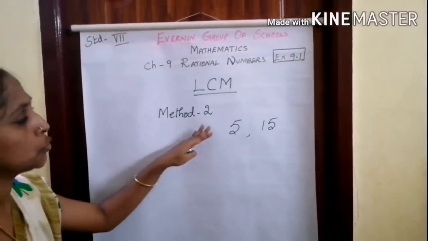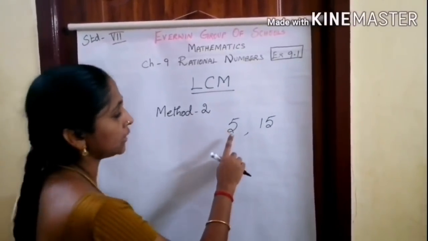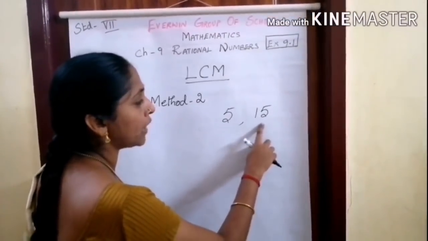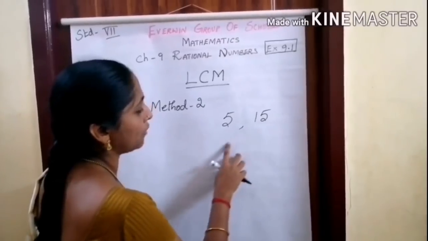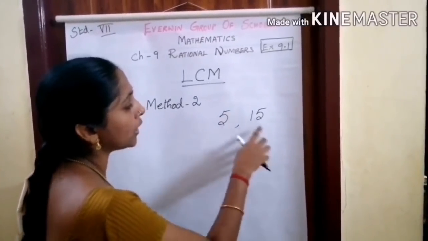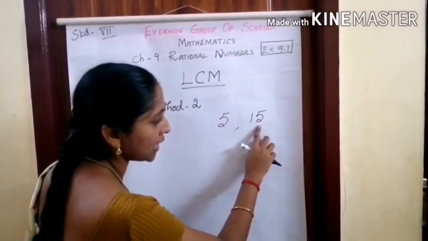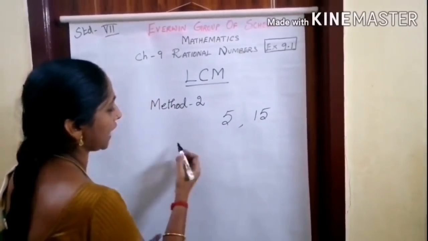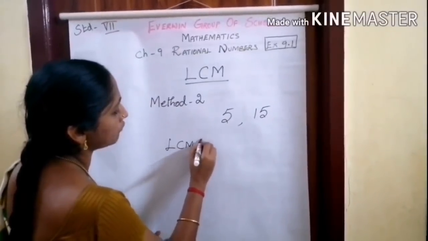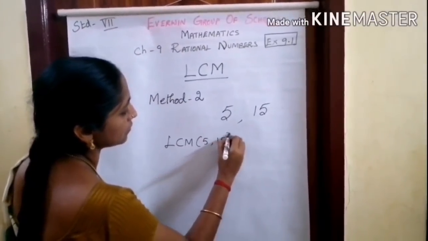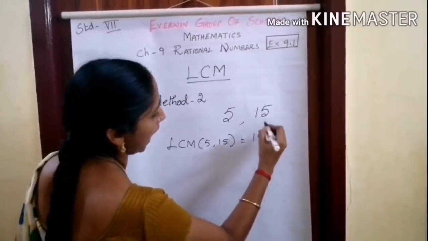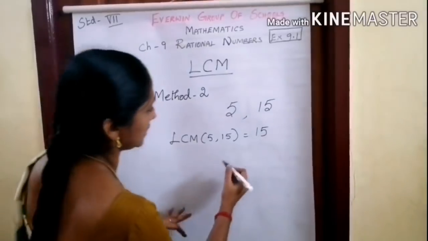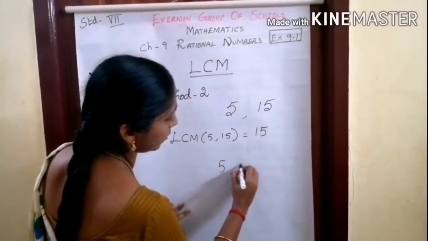Next, method 2. For example, I have taken the numbers 5 and 15. Is there any common factor? Yes, 5 is the common factor here. But look here, the number 15 is a multiple of 5. Hence, I can say the LCM of 5 and 15 is 15. I can say directly the LCM is 15. How? Let's see. 5, 15.